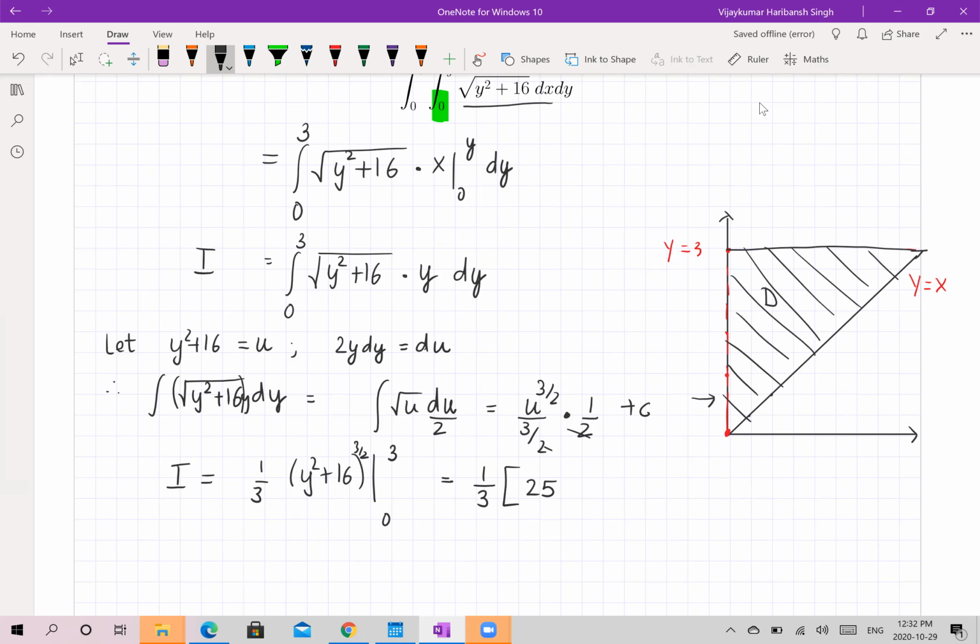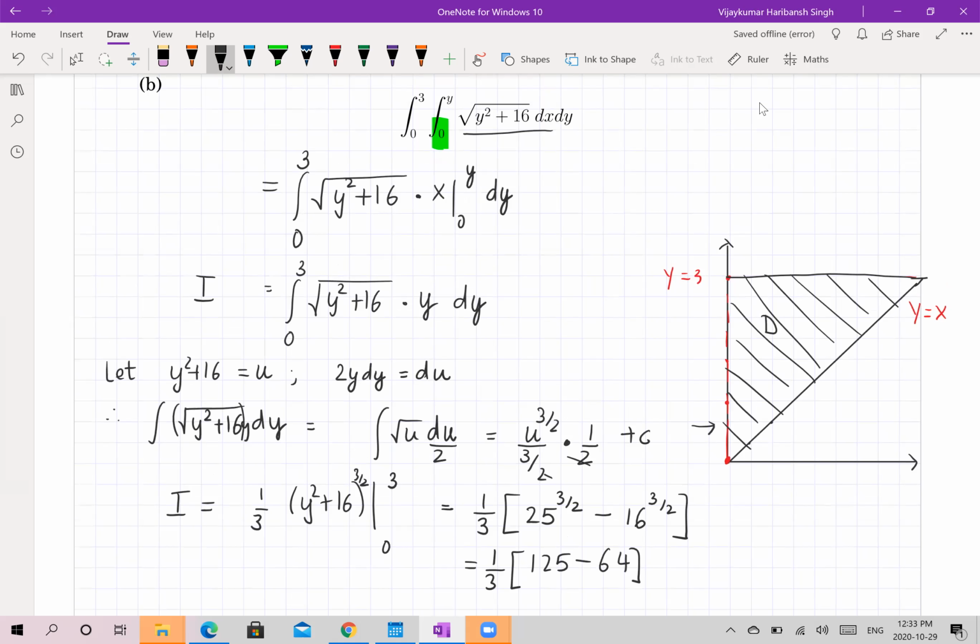So 25 to the power 3 by 2. When I put 0, I get 16 to the power 3 by 2. And clearly, this can be simplified. Let's simplify it. Square root of 25 is 5. So 5 cube is 125. Similarly here, square root of 16 is 4. 4 cube is 64. Yeah, so this is your answer for this integral.